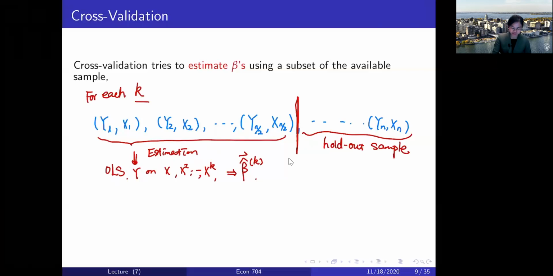Use your holdout sample to get a kind of a prediction, which is actually an estimate for the conditional mean of Y given X. But we call it the prediction for each of these samples: Y hat i equals beta hat k transpose times x i, x i squared, to x i to the power k, for each i in the holdout sample, that's i equals n over 2 plus 1 to n.